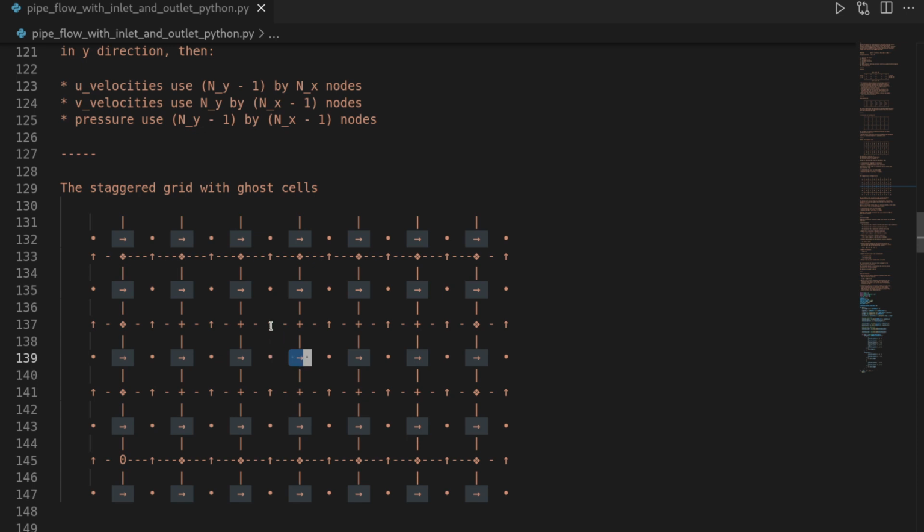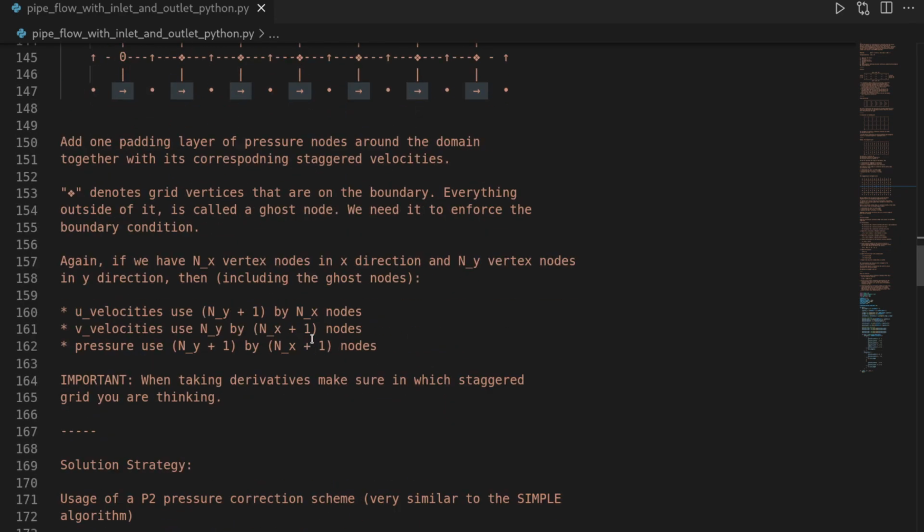And then we see the v velocities are in the top left, top right, bottom left, and bottom right of this particular velocity. So if we take all these 4 v velocities and average them, so this one plus this one plus this one plus this one divided by 4, we would have a velocity that is associated to the same point as our u velocity. And we could use that in order to multiply it with our u velocity.